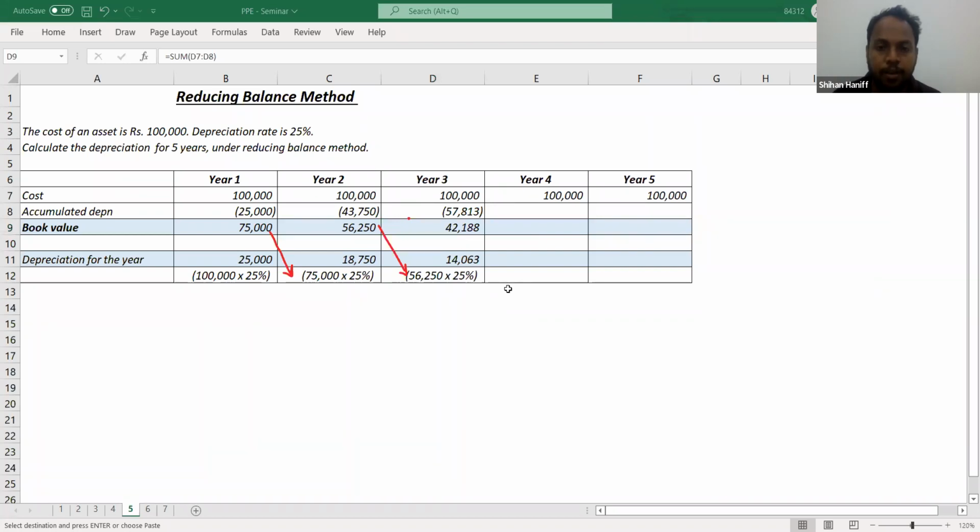Fourth year, it's 10,547. And this is the third year, and you can complete the rest. Finally, you will have 23,730 as the book value.